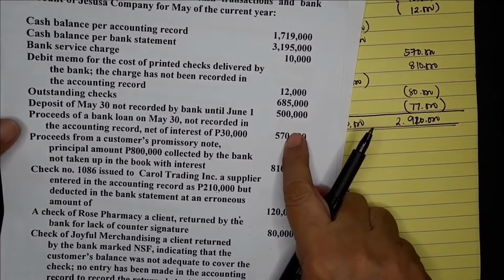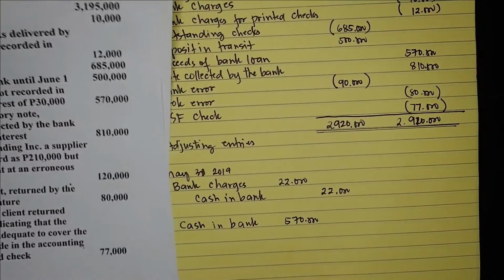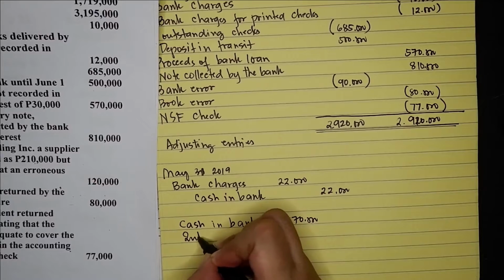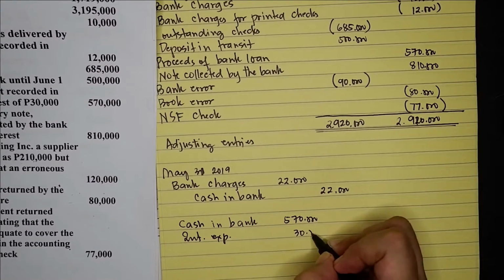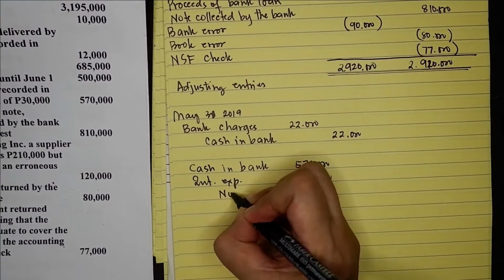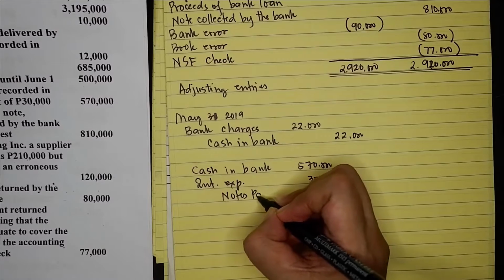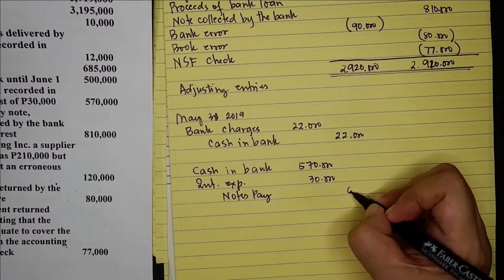Then, another debit, interest expense of 30,000. And credit, notes payable or bank loan payable of 600,000.